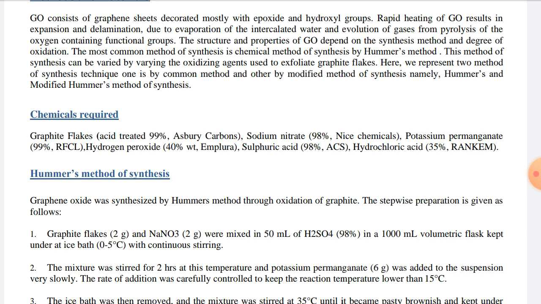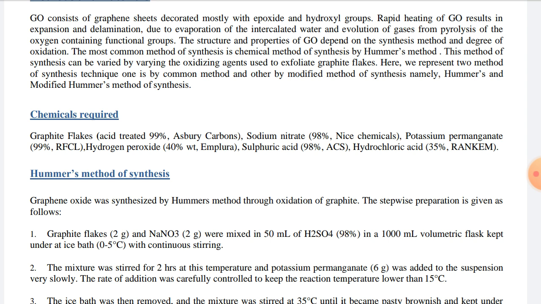Graphene oxide was synthesized by Hummers' method through oxidation of graphite. The step-wise preparation is as follows: we take 2 grams of graphite flakes and 2 grams of NaNO3, mixed in 50 ml of H2SO4 with 98% purity in a 1000 milliliter volumetric flask kept in an ice bath at 0 to 5 degrees Celsius with continuous stirring.